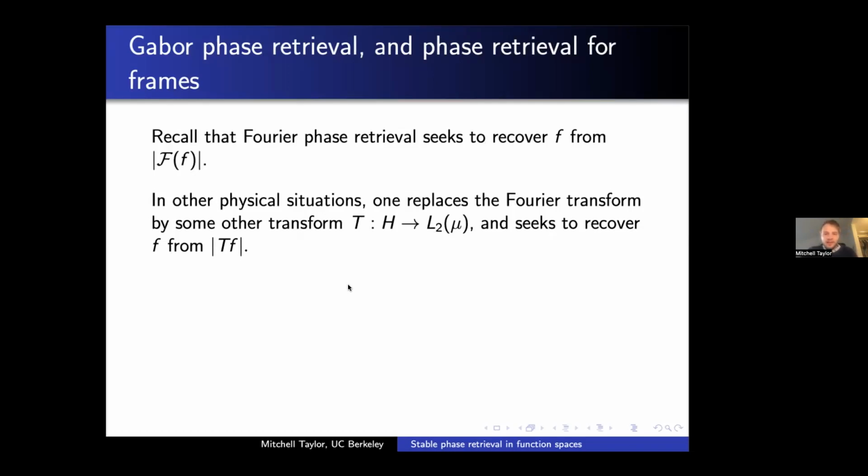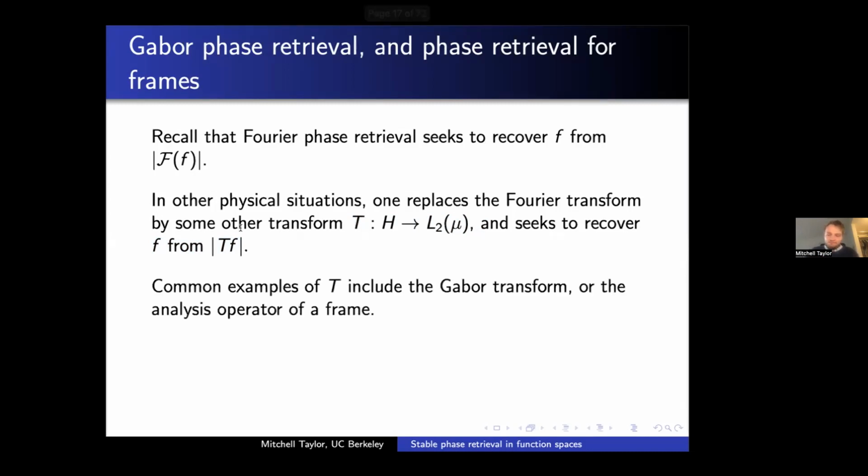So maybe the Gabor transform or something like this. Generally speaking, you want to consider some transform T from a Hilbert space to L2 and recover f from the magnitude of Tf. I mentioned the Fourier transform as an example for T, and Dan mentioned the analysis operator of a frame as an example for T.